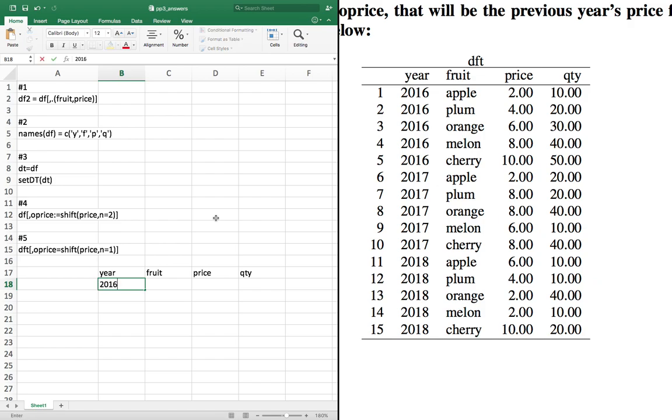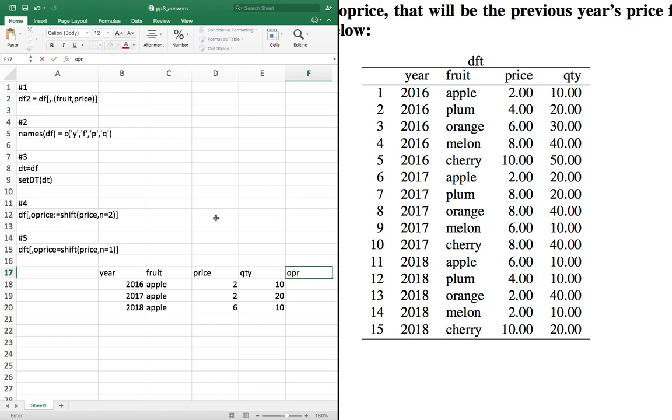So this would be 2016, 2017, and 2018. The fruit would be all Apple. The price would be 2, 2, and 6, and the quantity would be 10, 20, and 10. This is how the Apple subtable would look. Now, if we had this Apple subtable and ran the old price shift price n equals 1 command, okay, well now we're talking.